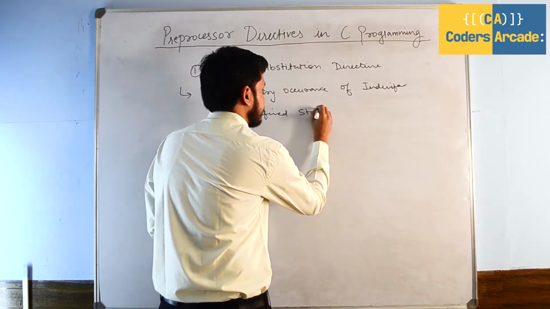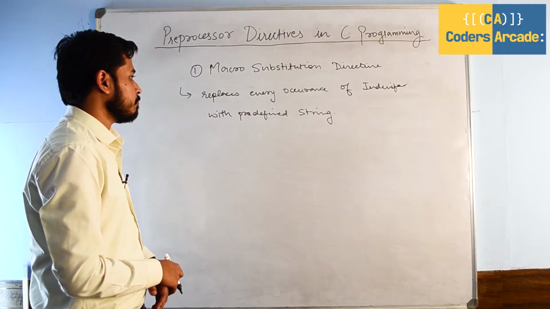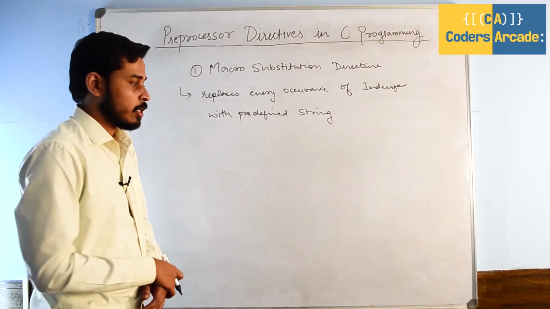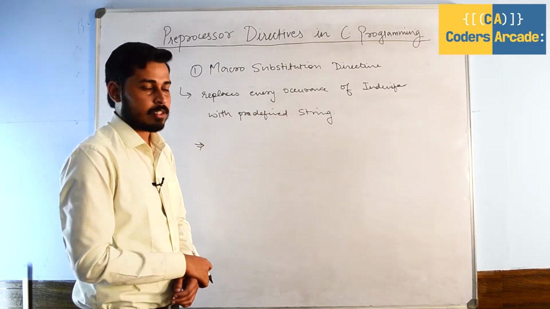What do you mean by this? What do you mean by replace every occurrence of identifier with predefined string? So let me tell you. I'll explain it with the syntax.